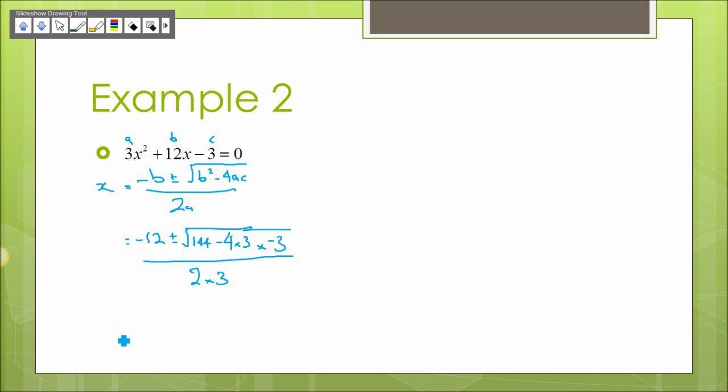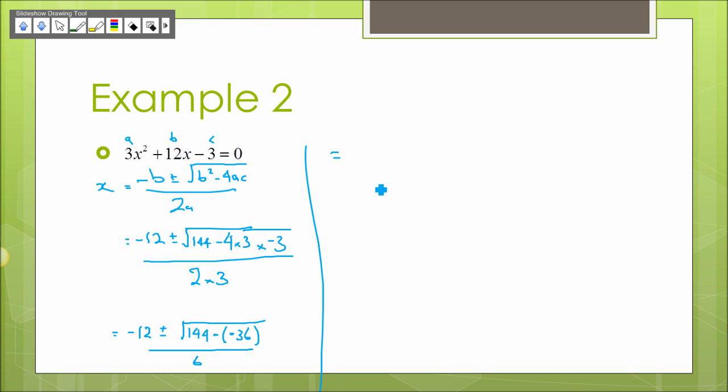Alright, let's simplify this a little bit more. So minus 12 plus or minus the square root of 144 minus 4 times 3 is 12, times minus 3 is negative 36, so 144 minus negative 36, and that's over positive 6.